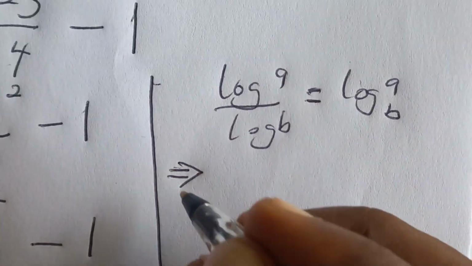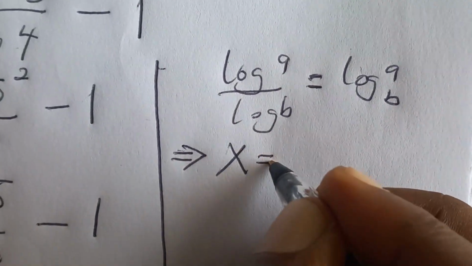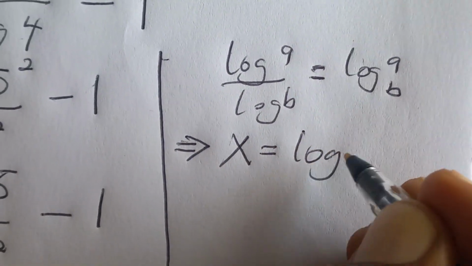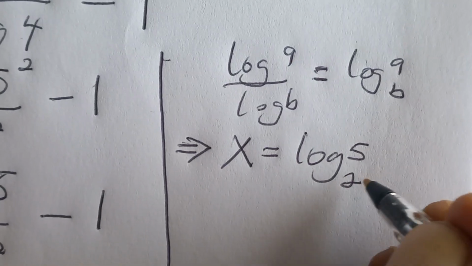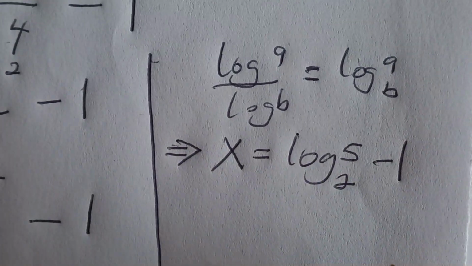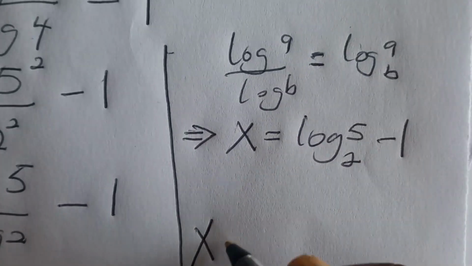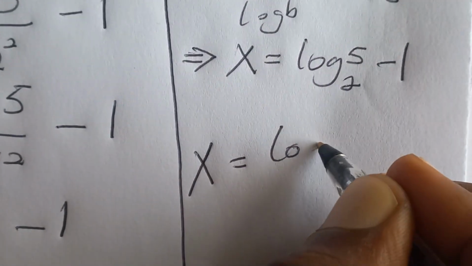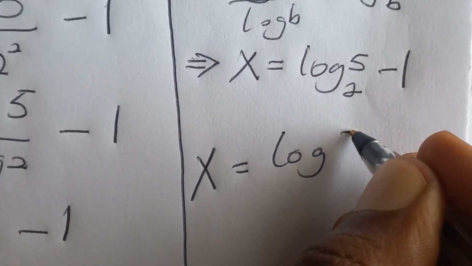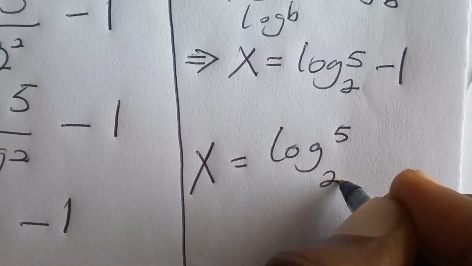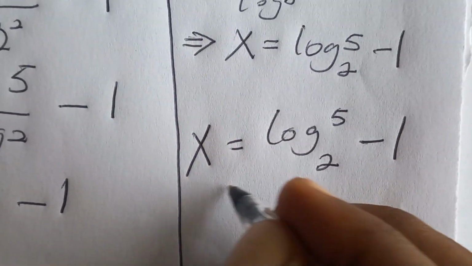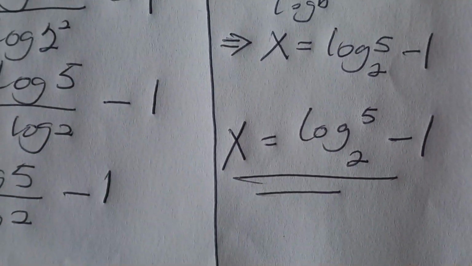So our equation now becomes x is equal to log 5 base 2 minus 1. Okay, so our final answer for x is equal to log 5 base 2 minus 1. This is our final answer for the question.